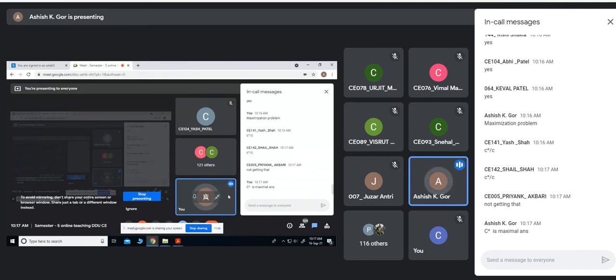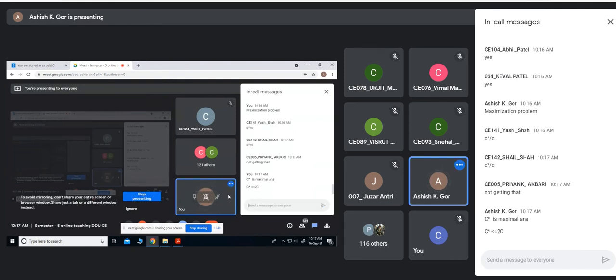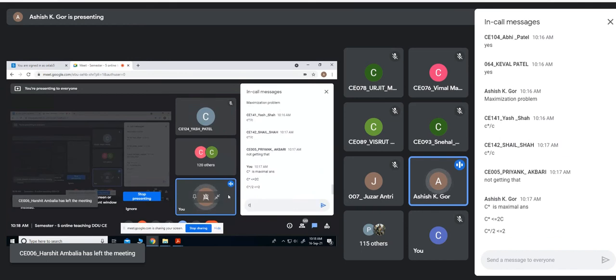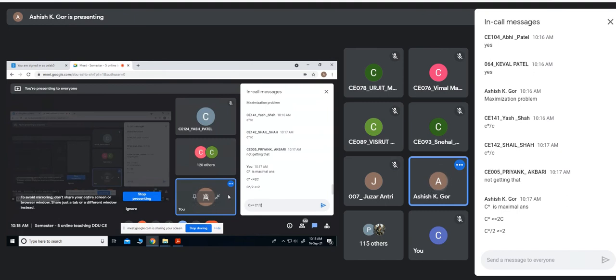And if I say C star is less than or equal to 2 times C, which means C is greater than or equal to C star by 2.